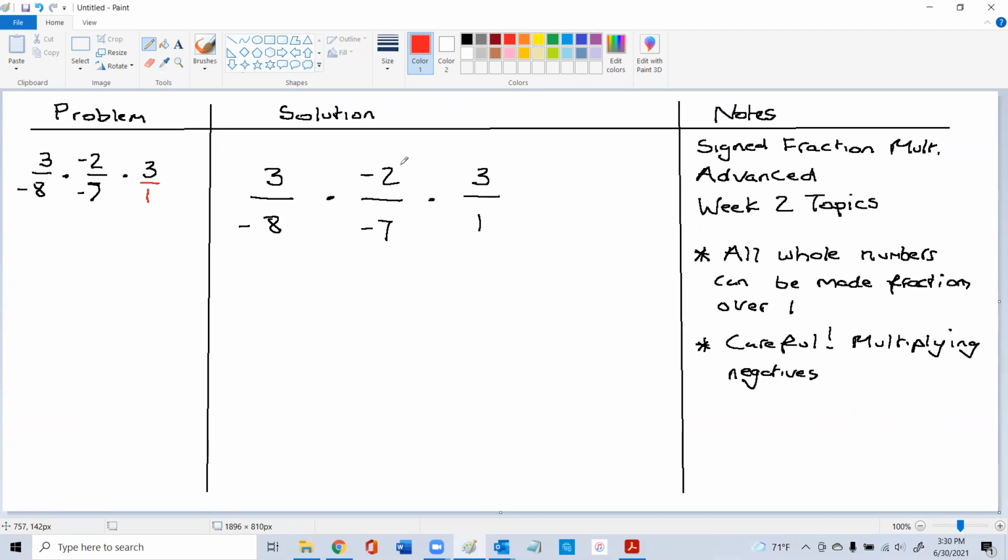They have a common factor of 2, so 2 goes into itself -1, and then 2 goes into -8, -4 times. I don't see anything else I can cross cancel here, so I'm going to get 3 times -1 is -3. -3 times +3 equals -9. A -4 times a -7 is a +28 times 1. Of course, it's still going to be 28.